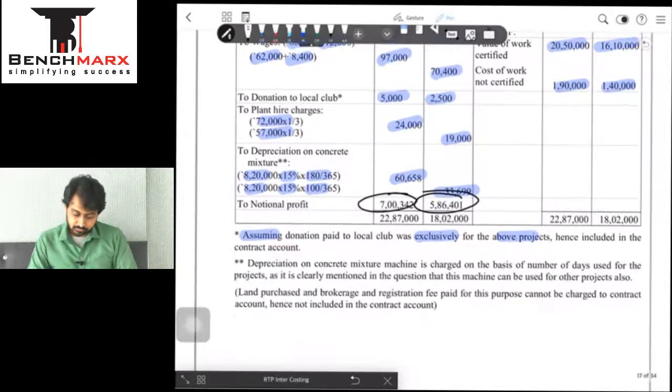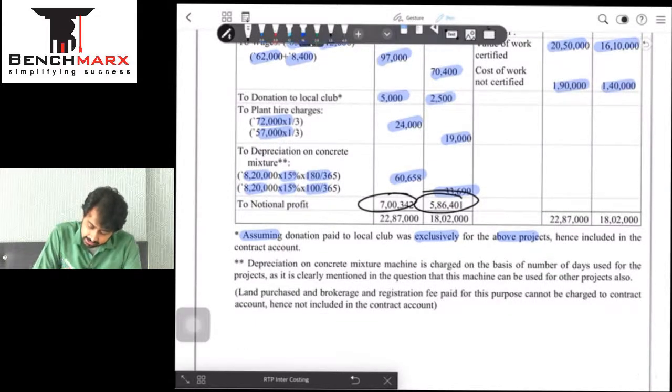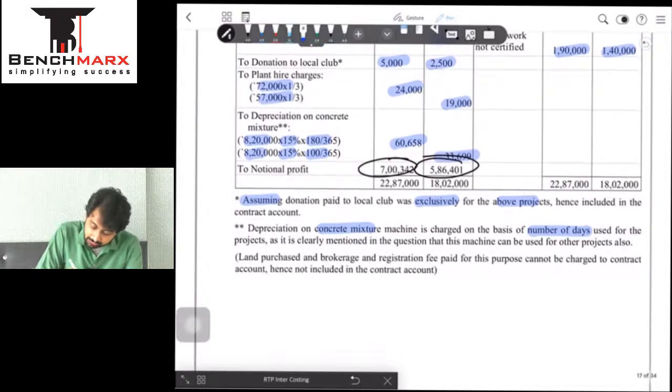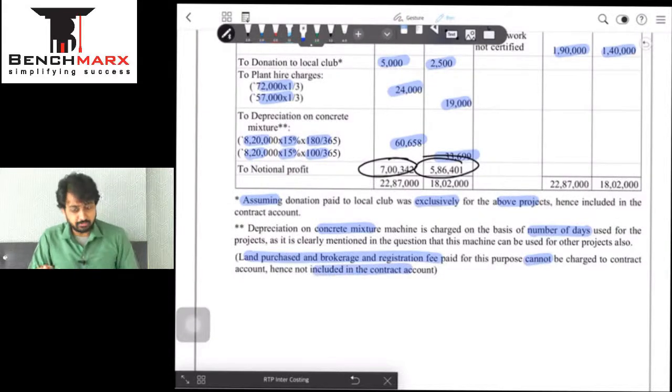Let's see what has been given in the notes. As I said, depreciation. Okay, depreciation is on the concrete mixture on the basis of number of days. That's pretty common sense. And land purchase and brokerage paid cannot be charged to the contract, hence it is not included. They have simply said not, but the reason is not given.